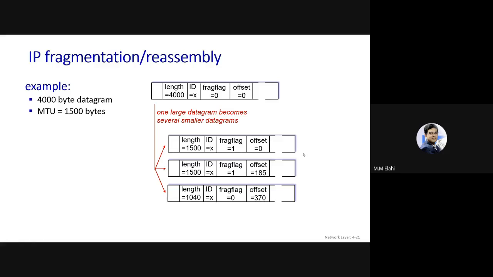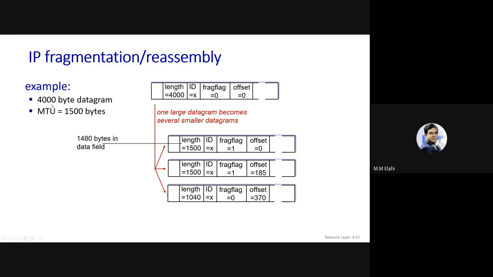So if it is the same amount of data, the third fragment's offset will be double that of the second one. Why? First one, 1480 bytes in data field. Why? Because length is 1500, MTU is 1500. That means we can send only 1480 bytes of data.